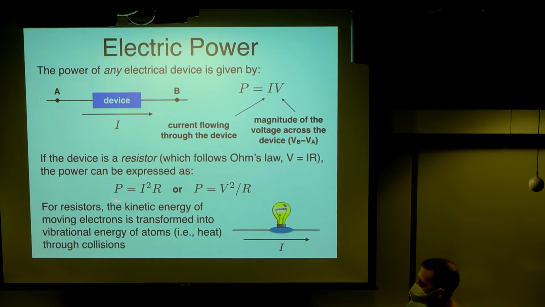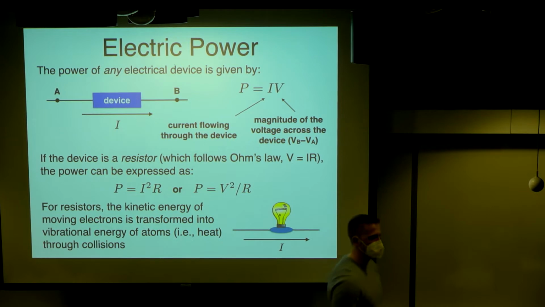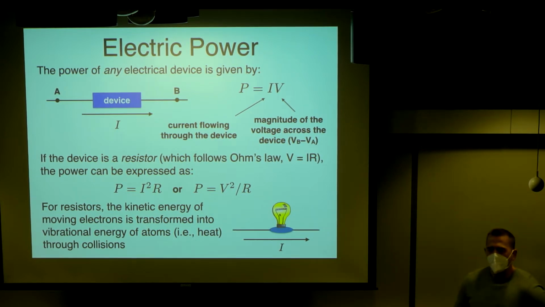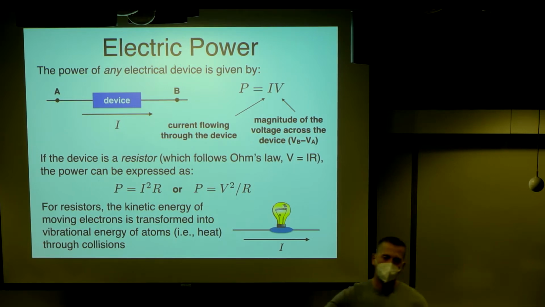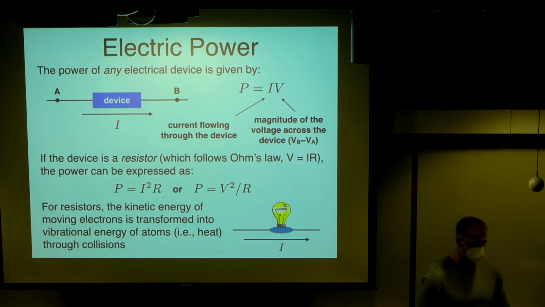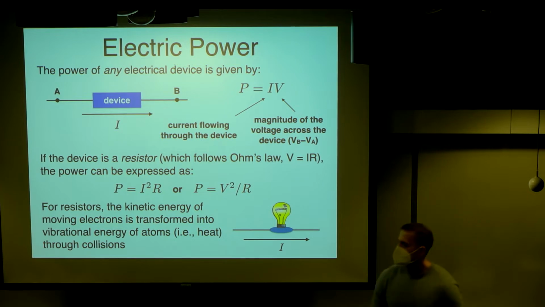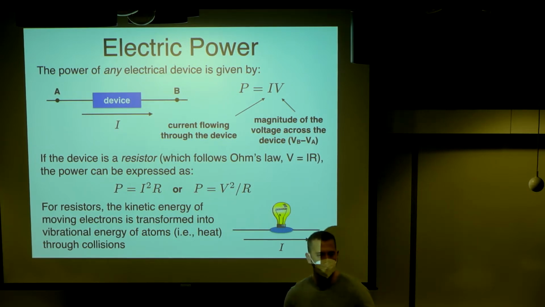So a little bit more on that. Remember, power is referring to energy being transformed from one type to another. And in the case of a resistor, what's happening is you're taking the kinetic energy of these moving electrons that are flowing through the resistor, and that's being transformed into heat, essentially. In other words, because these moving electrons, they don't flow unimpeded.